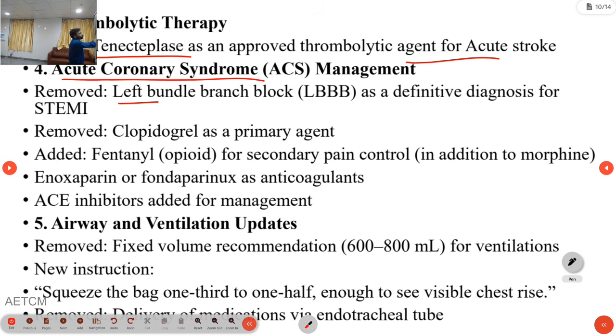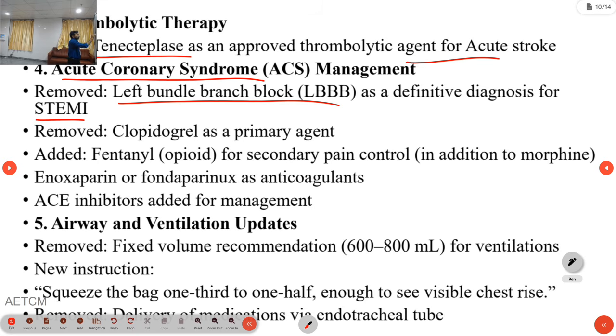Then acute coronary syndrome, especially MI and all. So they have removed LBBB, left bundle branch block, as a definitive diagnosis for STEMI. We can think in terms of Sgarbossa criteria, Smith's criteria, all these things we can use. But alone, LBBB, they have removed as a definitive diagnosis for STEMI patients.